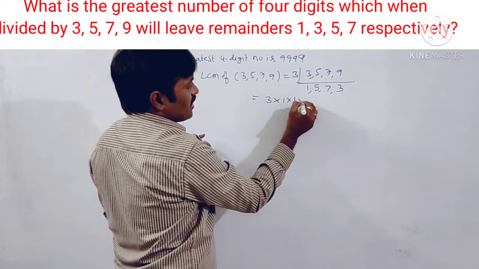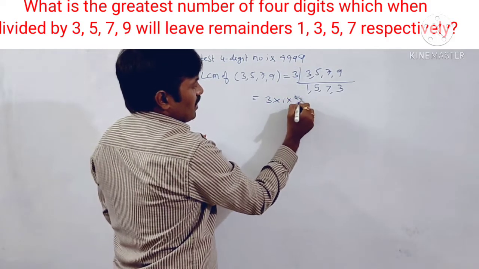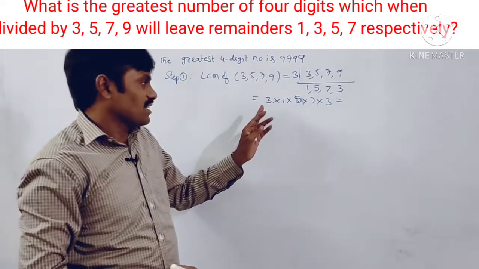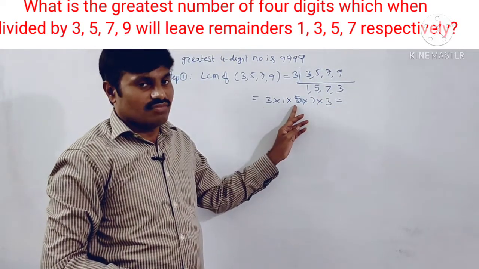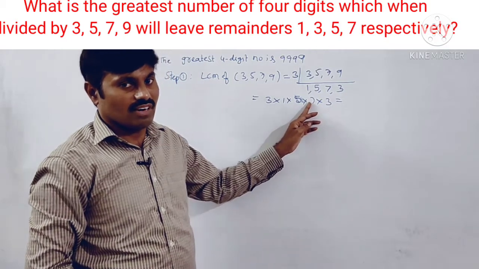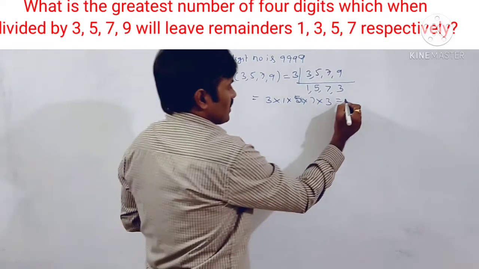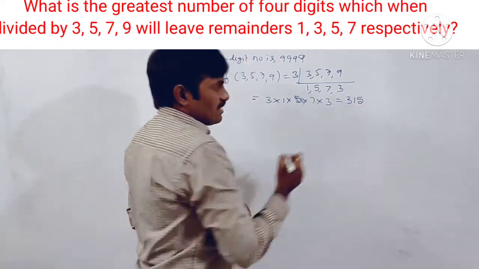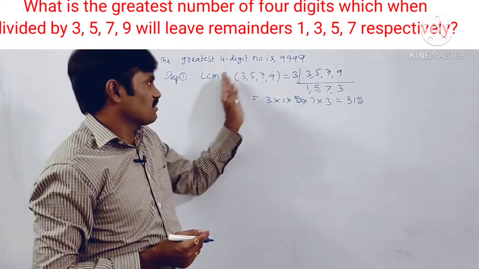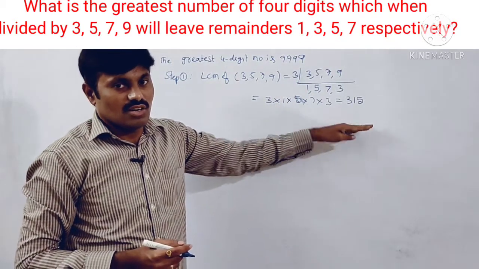So 3 into 1 into 5 into 7 into 3. How much is the LCM here? 3 fives are 15, 15 sevens are 105, 105 threes are 315. This is the LCM of the divisors.